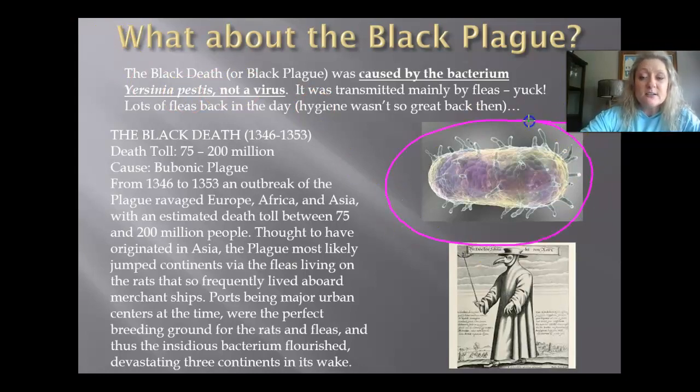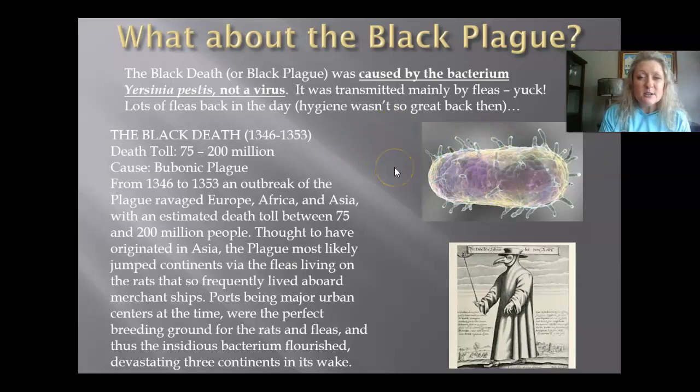So our friend, this little bacterial guy, could be killed by antibiotics. So if we had had antibiotics back in the 1300s, we could have saved millions and millions of people. But we didn't, and unfortunately we lost a lot of people because we didn't have the technology that we have today.